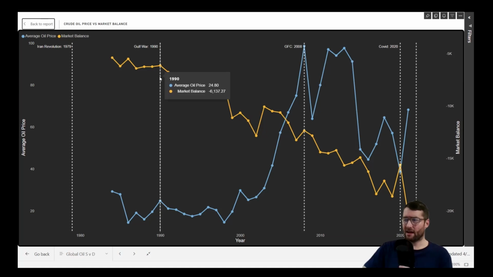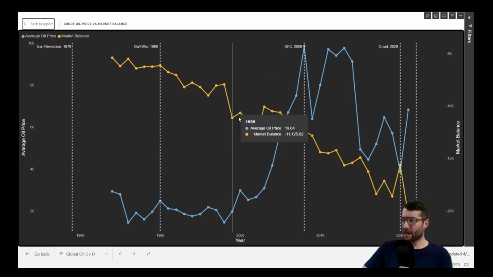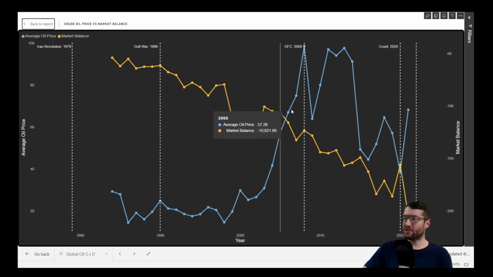And again here, when the oil price is down, the market balance has come up from previous amounts. If we look at this here, we can almost see a relationship and then an upward swing. So there's no real consistent inverse relationship here.